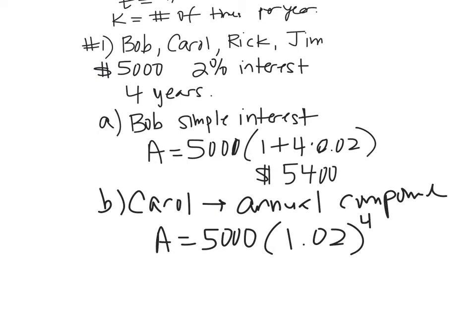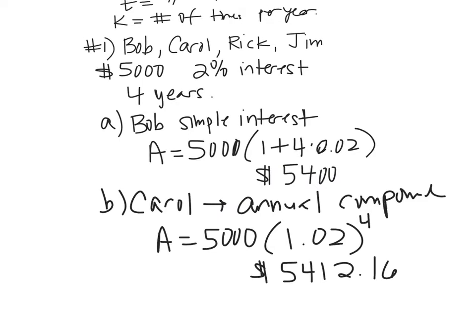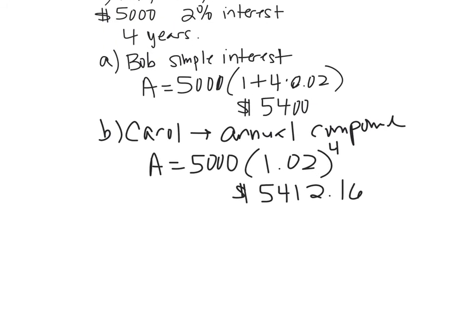So 1 plus r to the 4th. So let's find out how much Carol's going to make. And Carol makes $5,412.16. Always round to 2 decimal places when you're doing money. There you go. She made a little bit more. She made an extra $12.16.